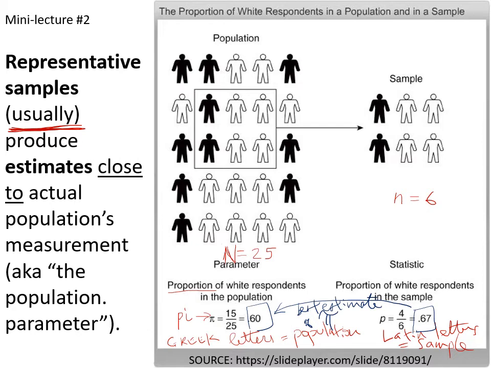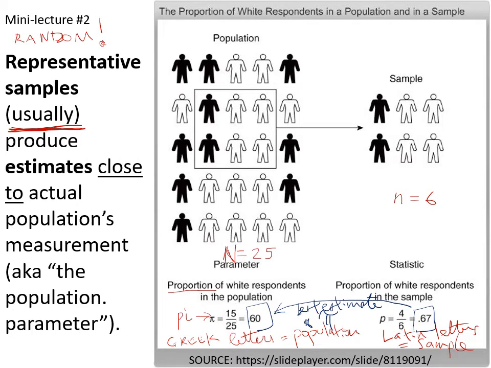So the point here is that representative samples, we like them. And remember, representative samples are random, and every element has an equal chance of being selected.